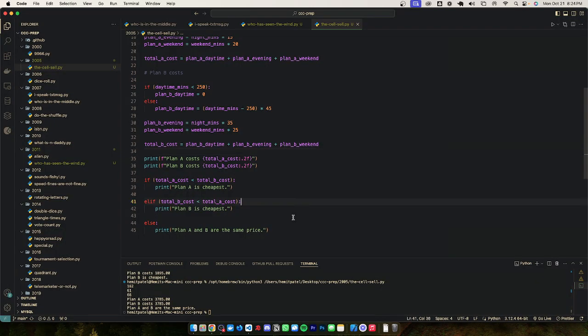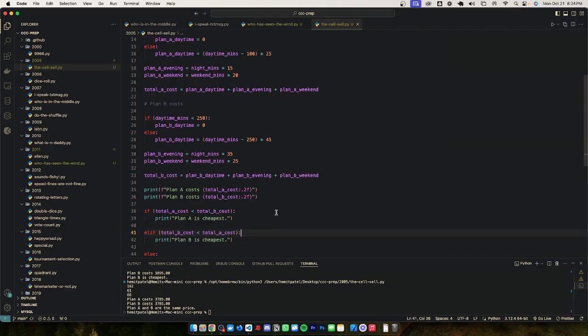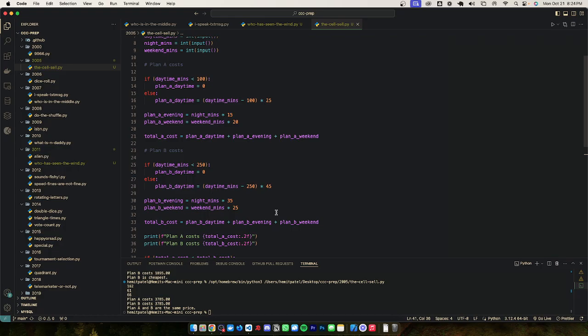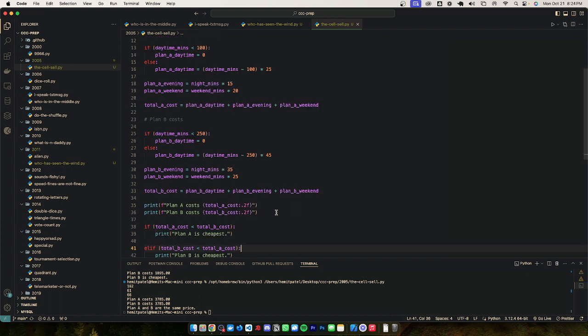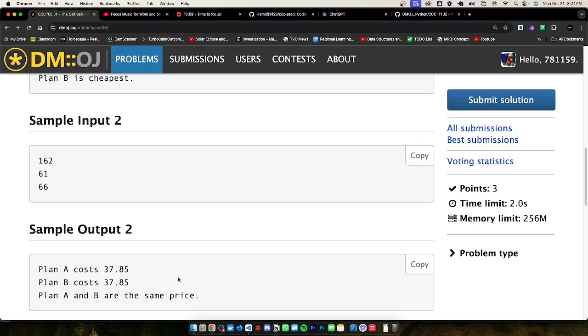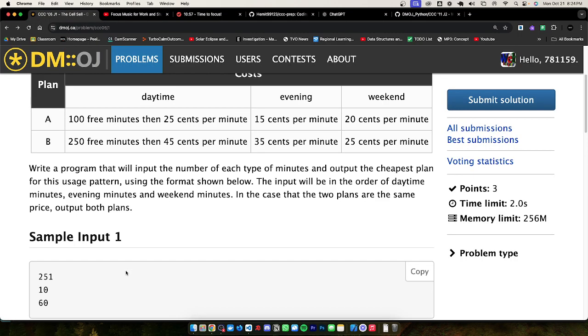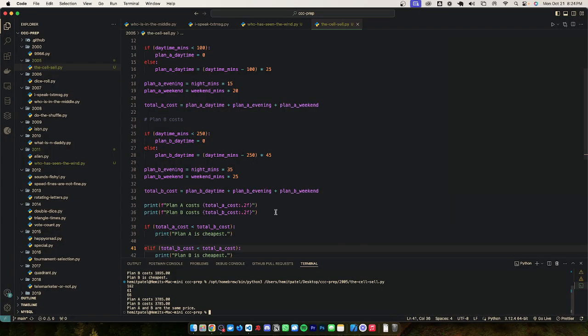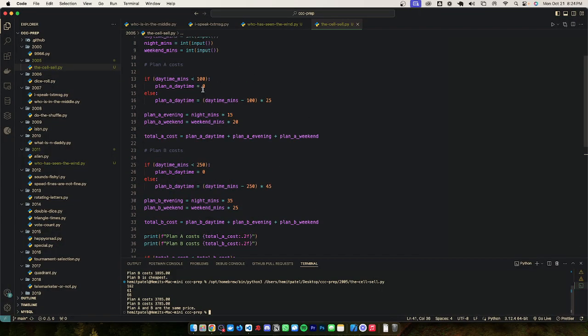Okay. So there's some sort of error in my computing. Why is it like this? It should be. Oh, this is 20 cents. My bad.